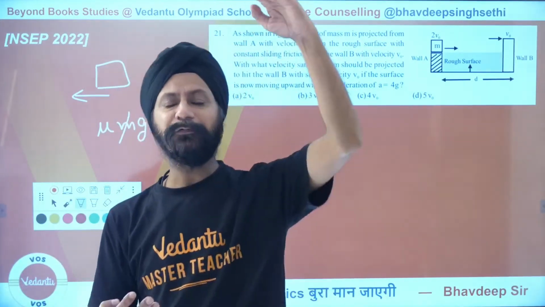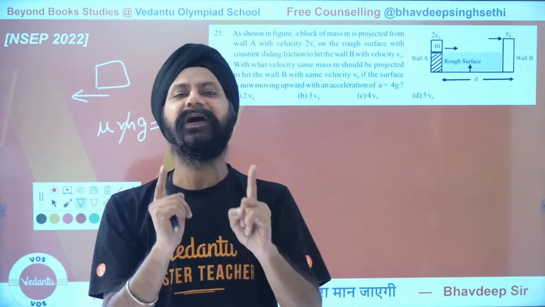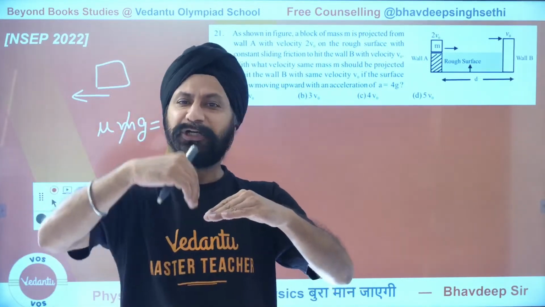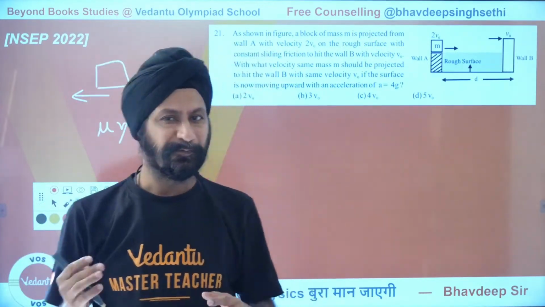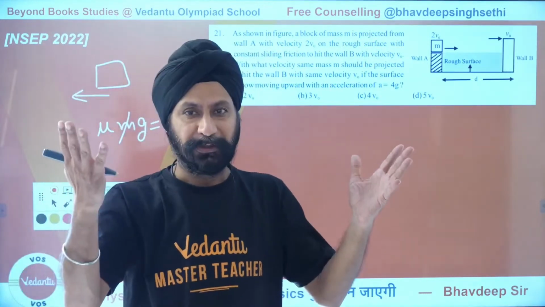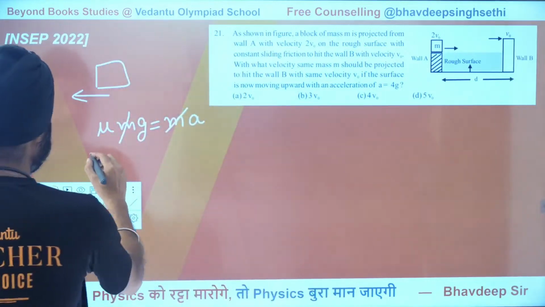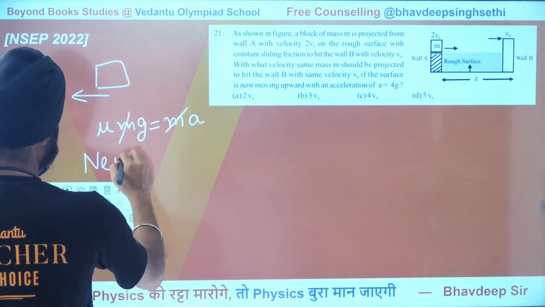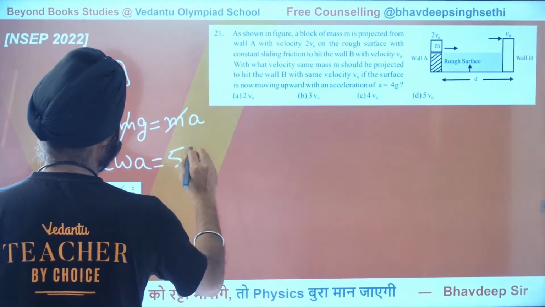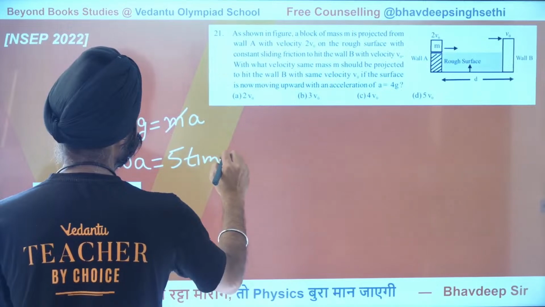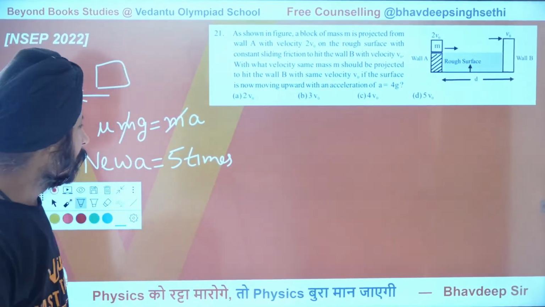So the total normal force will be 5 mg, 4 mg to accelerate up with 4g. So total of 5 mg. So that means the new acceleration would be 5 times the original acceleration, or let's call it retardation.